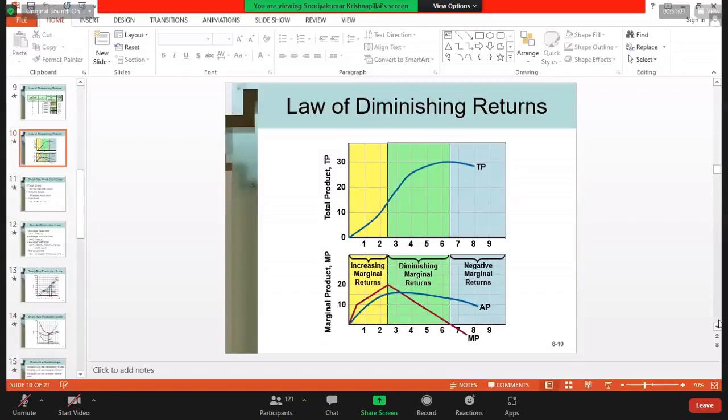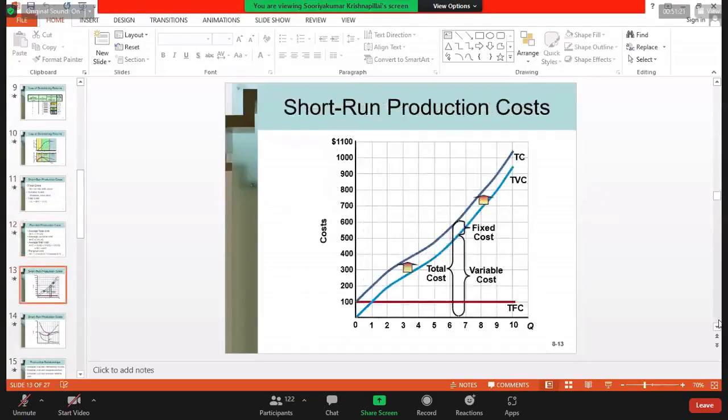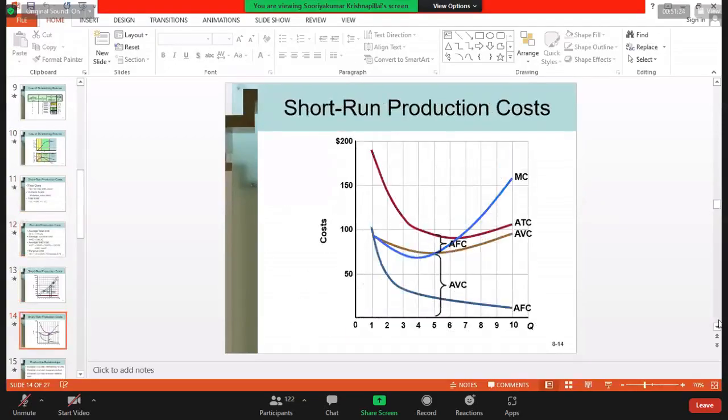But then the intersection goes through the maximum of average product. So marginal cost is the opposite, the mirror image. So marginal cost intersects at the minimum of average variable cost and average total cost. So you know the relationship.